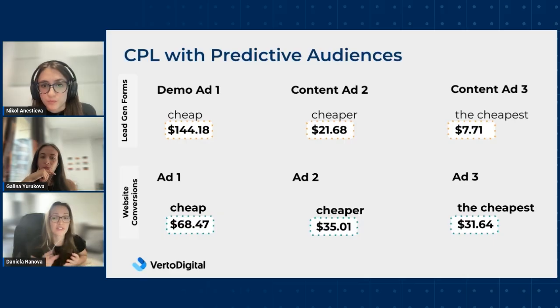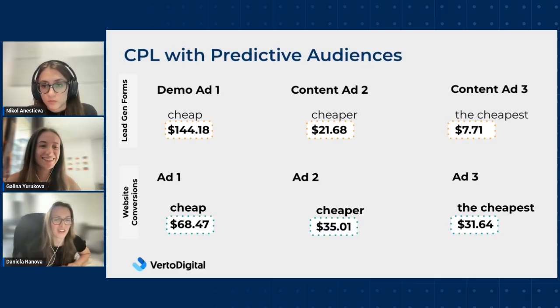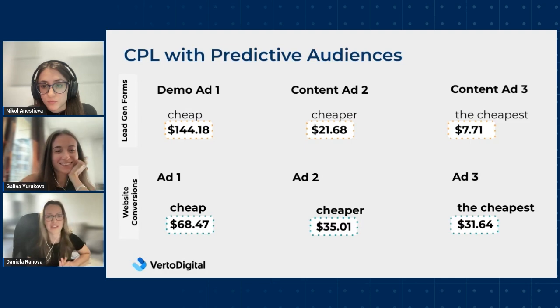We have other ones which could be spread across different regions, but we rank them from cheap to cheaper to the cheapest. And the cheapest we've gotten so far with lead gen forms and first party data is about $7, which is insane for a lead.